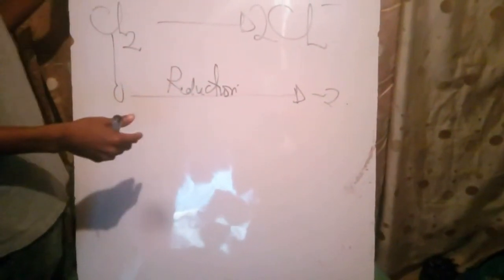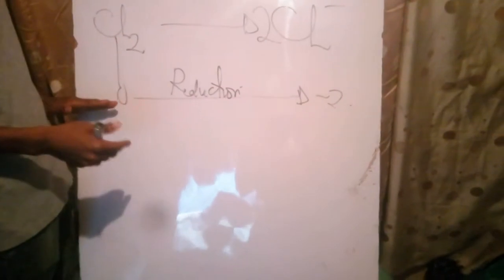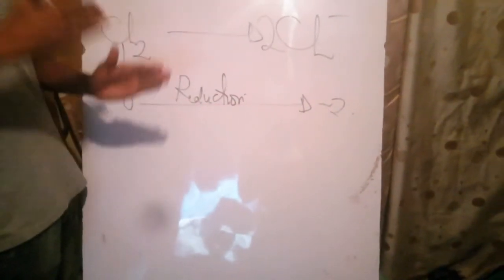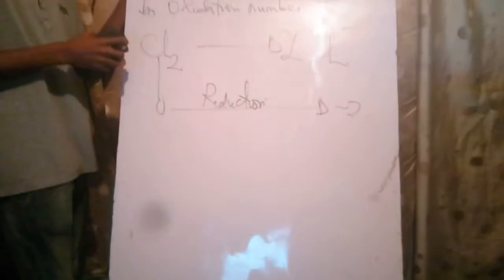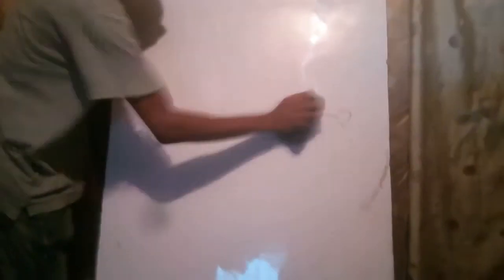Alright, now these are the meanings of oxidation and reduction. We shall now be looking at the derived meanings of oxidation and reduction. Can I rub off? Now the derived meanings.